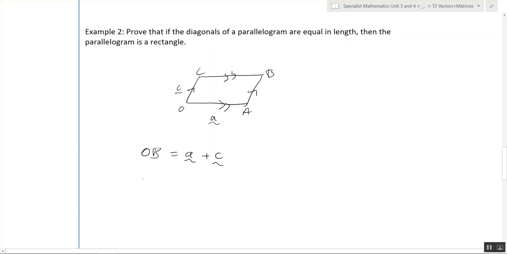To get from A to C, so this is the first diagonal, we do minus a plus c. We need to show that it's a rectangle, so the angles are 90 degrees, like we talked about at the start of the lesson, and that the diagonals are equal.